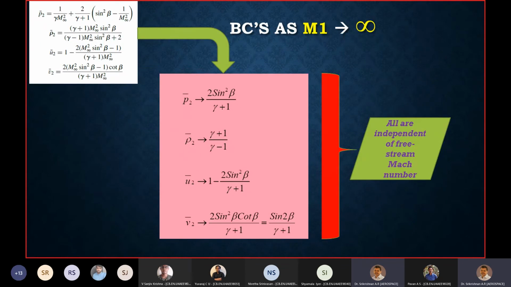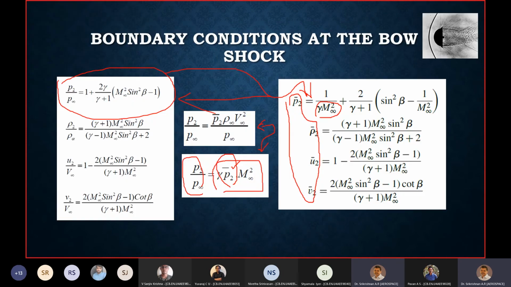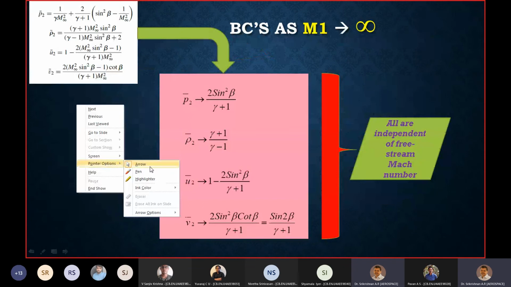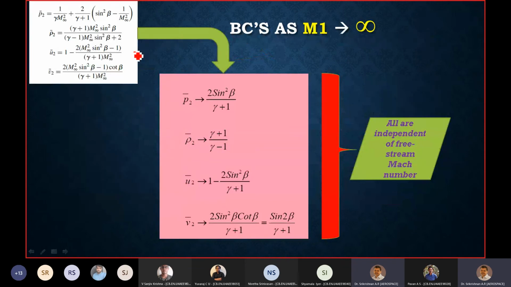we are now looking at the form of these boundary conditions when the flow is hypersonic. What you have here in the box is what I just copied from the previous slide. So these are the non-dimensionalized forms of P2, rho 2, U2, and V2. U2 is the x component of velocity, V2 is the y component of velocity just downstream of the shock.